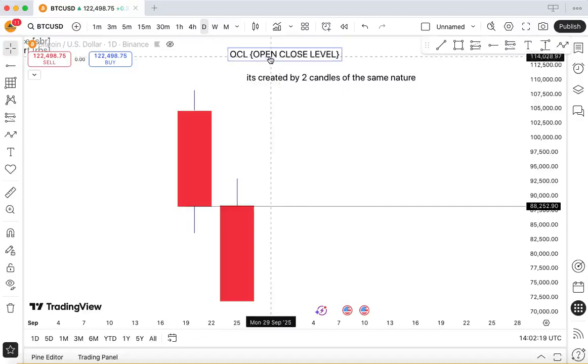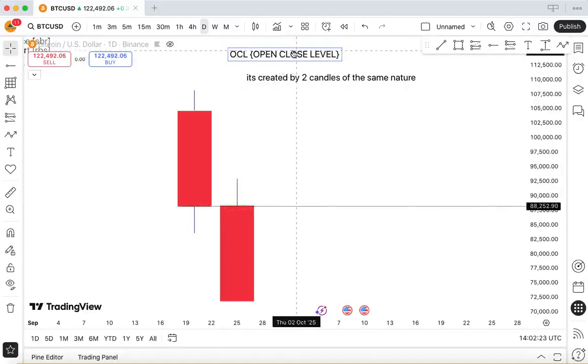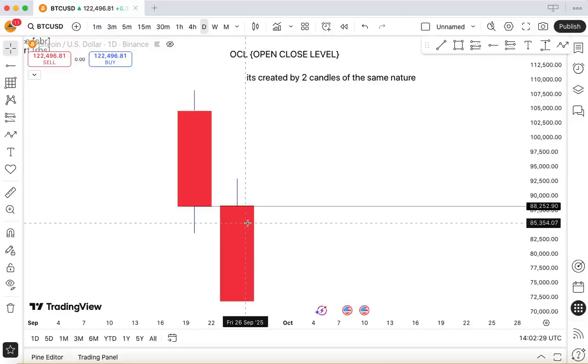Are you seeing this word open? Where did this first one open from? Here. This is close. Where did this close from? Here. Open, close. Mark that level for us. Okay, let me charge a little.